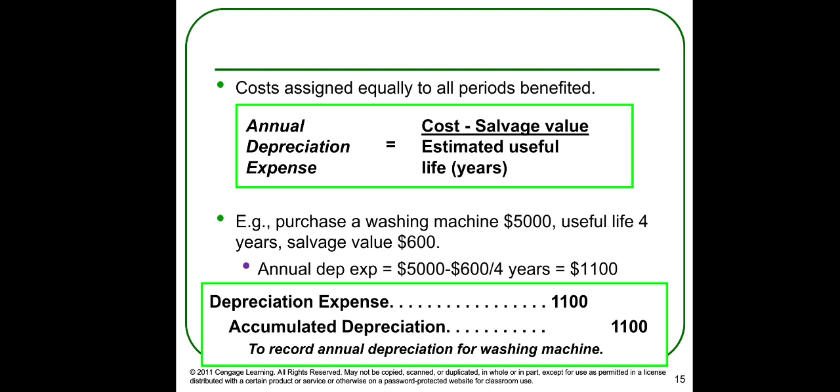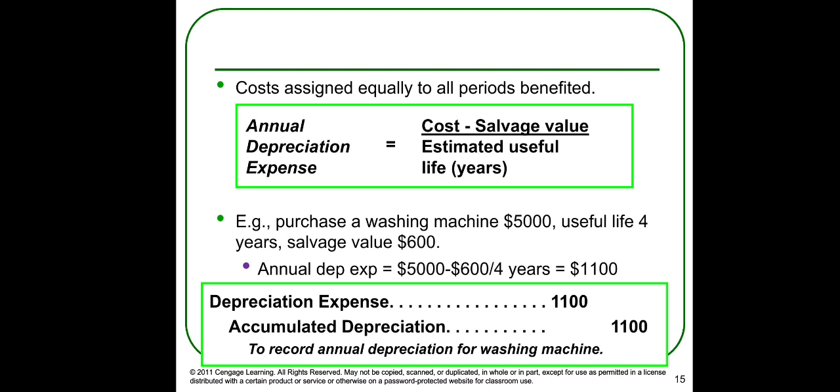So now, see here an example of how to do the adjusting entry for depreciation. Second point in this slide. A business purchases a washing machine for $5,000. The useful life of this washing machine is 4 years, and the salvage value is $600. So how to do the adjusting entry?